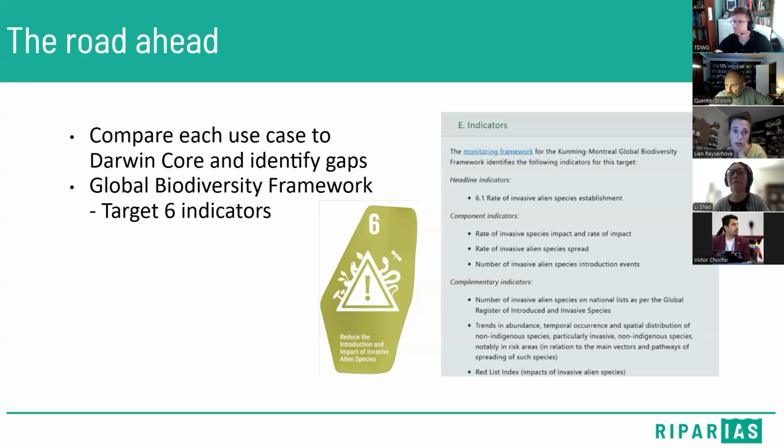So what we sometimes do is we use a filter. We have the European list of Union concern, and based on that species list, we could also say that if a new occurrence is detected, based on the scientific name, that species is invasive.